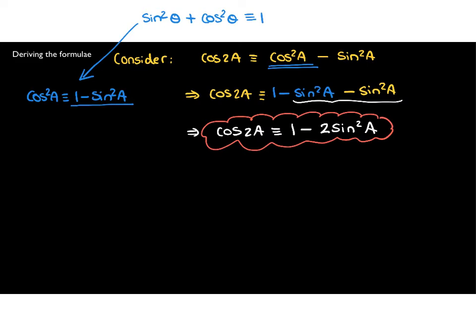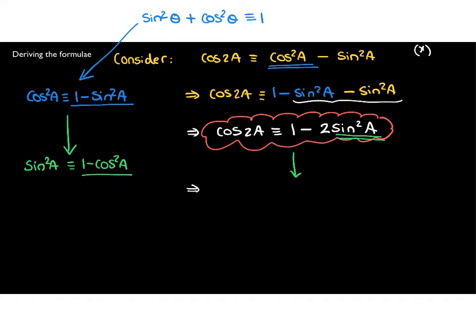Now, furthermore, we know that our Pythagorean identity allows us to say that sine squared A is equivalent to 1 minus cos squared A. And I'm now going to take this identity here and replace sine squared A with 1 minus cos squared A. I could go back to the beginning and do it with this identity here as well. It would amount to the same result.